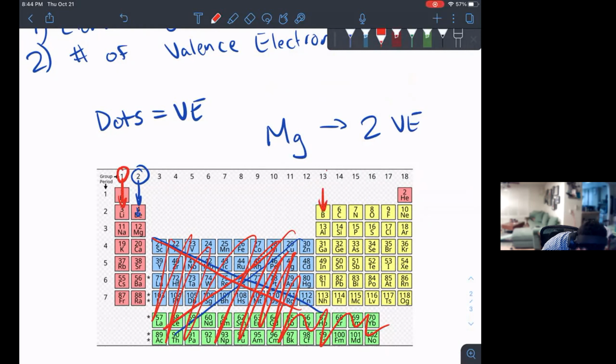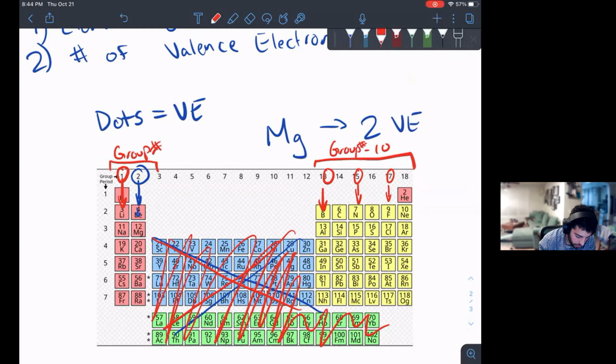Group 13 has 3 valence electrons. Group 15 has 5 valence electrons. Group 17 has 7 valence electrons. So for these back here, it's just group minus 10. And here it's just a group number. Group number minus 10 on the right, group on the left.